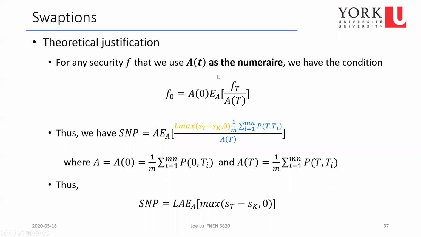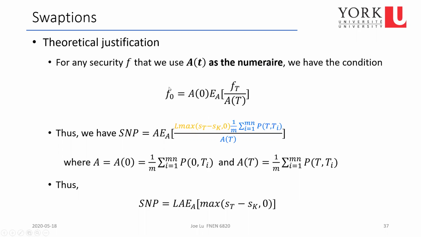Now, if we use A, the annuity, as a numeraire asset, any financial asset will have this particular expression under that equivalent martingale model.